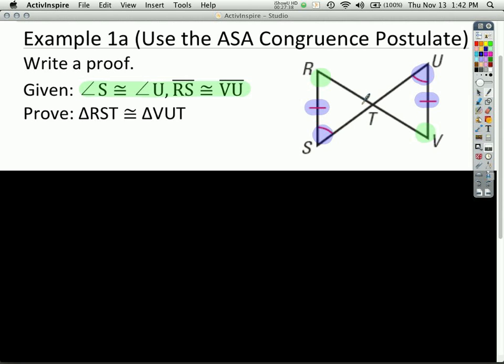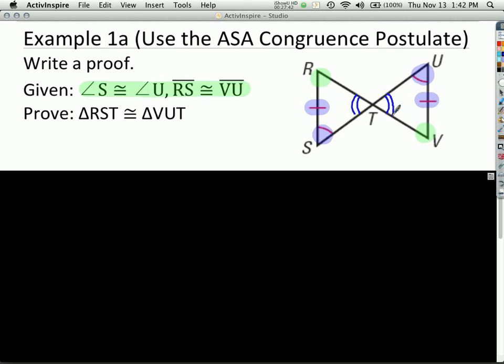Okay, that is absolutely true, so let me indicate that. So what was that last reason that you used?